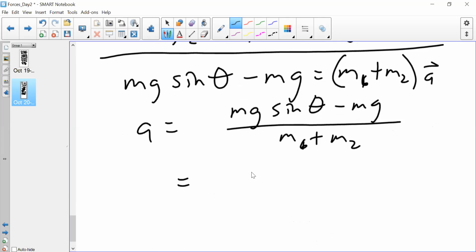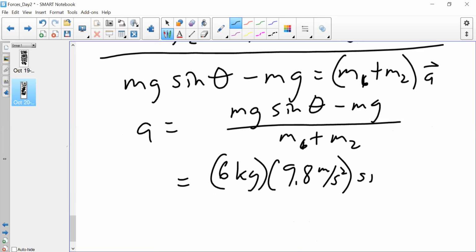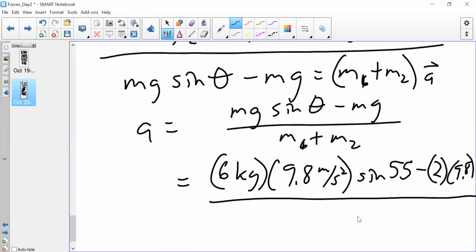This is 6, sine of 55, minus this is 2, the 2 kilogram mass, times 9.8, divided by 8. Why don't you do that real quick and check your answers against what we should be getting.